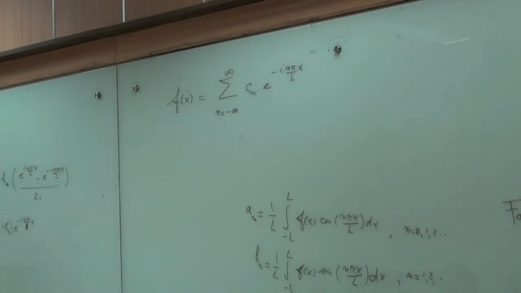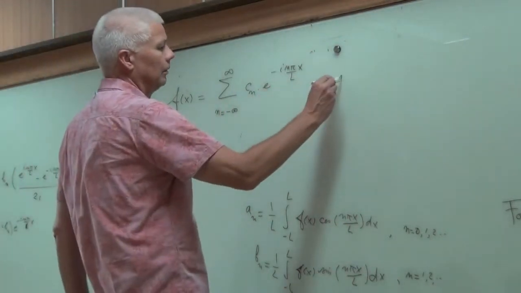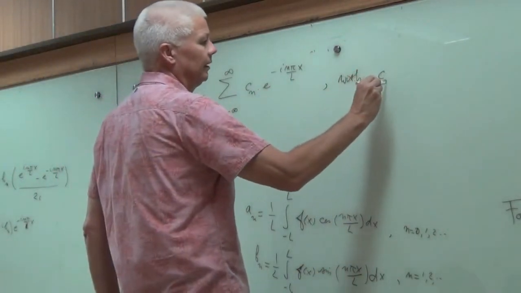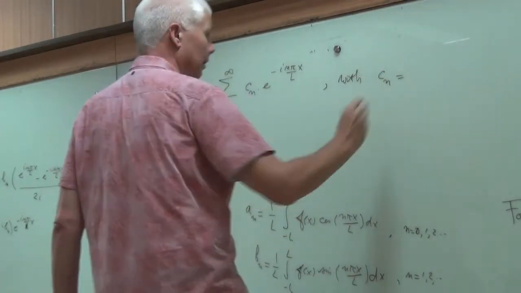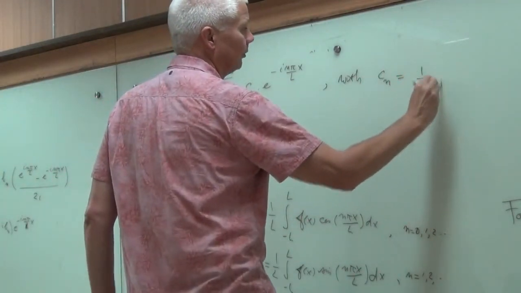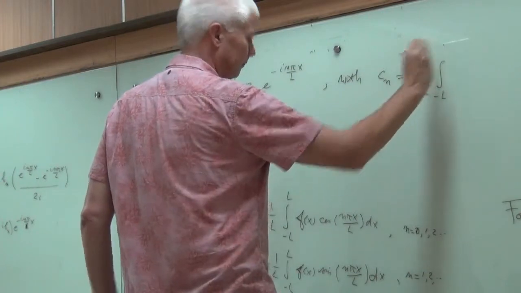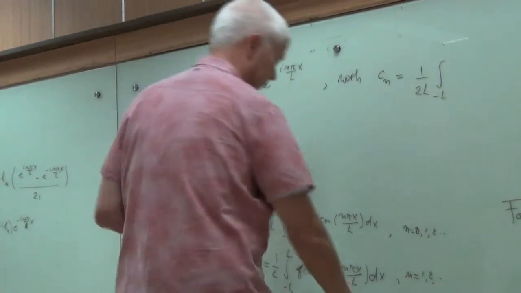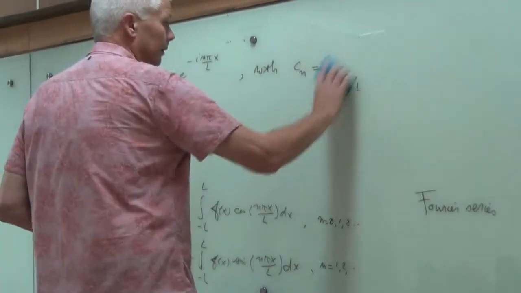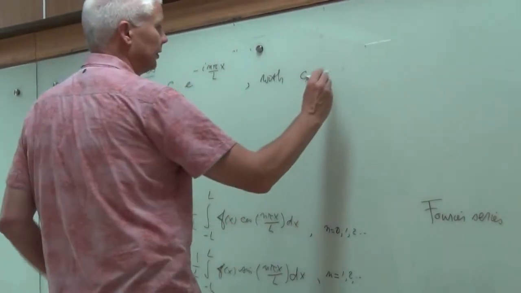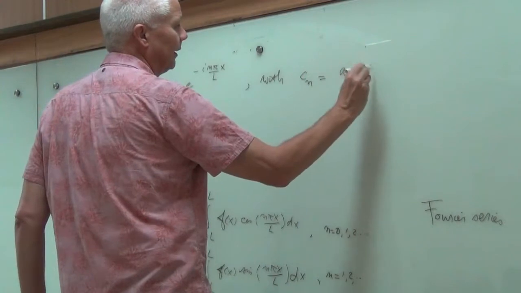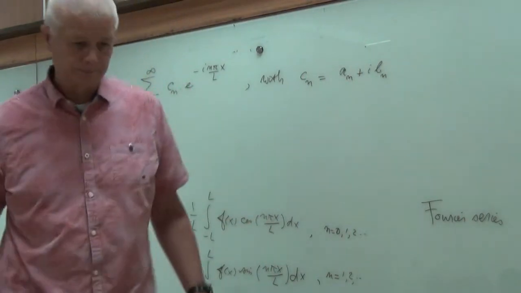So in complex notation, I can rewrite my infinite series. I started with a rather long series and now have a very compact form, and I know Cn is actually equal to 1 over 2L integral from minus L to L.